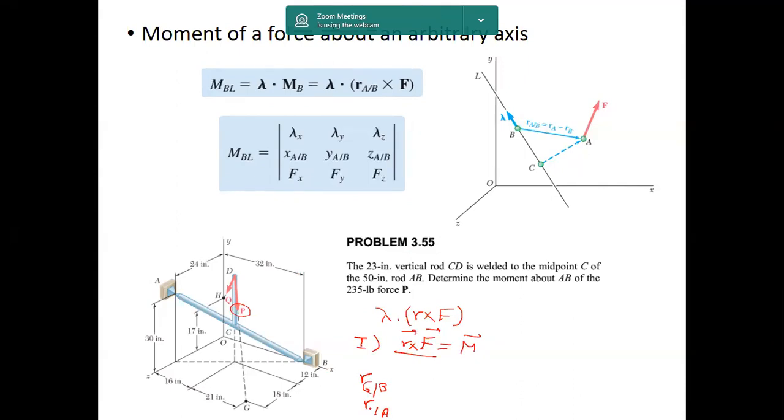So it could be G or any point. This P is passing through G, so we can pick G as the point, or we can pick D. So this R would be from B to D.